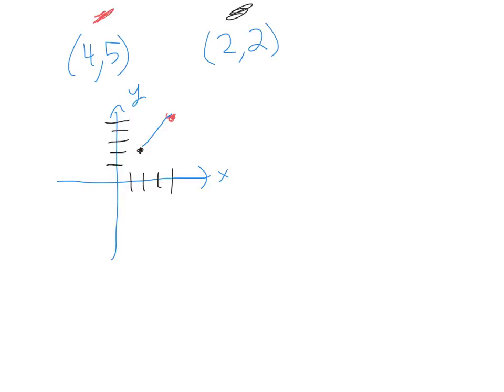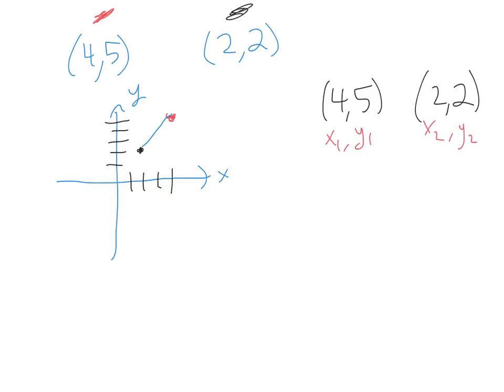With that said, let's go ahead and give our coordinates some labels. So we've got 4, 5, and we've got 2, 2. We'll call that first pair our x1, y1, and we'll call that second pair our x2, y2. Okay, and that's going to help us with the distance formula.